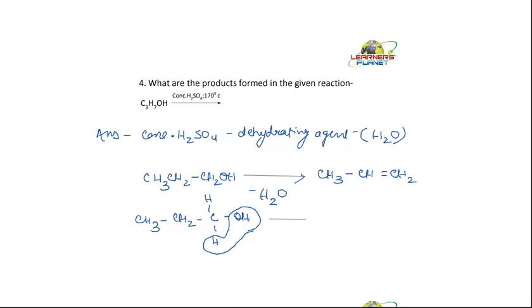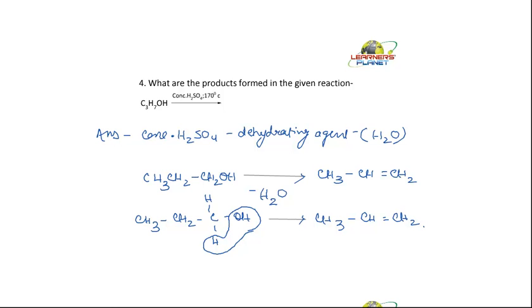And what are the products I'm getting here? CH3, there will be some rearrangement, and CH2. So remember, alcohols in the presence of concentrated sulfuric acid at 170 degrees centigrade form alkene, whereas alcohols with concentrated sulfuric acid at 140 degrees form ethers.